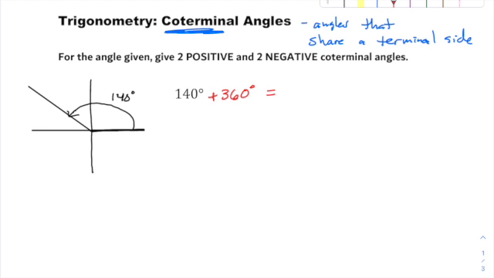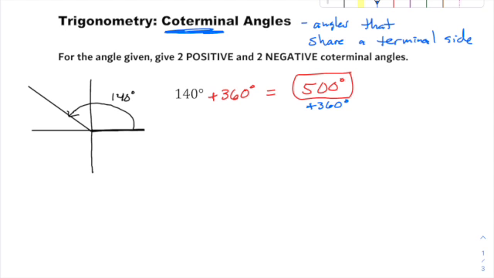So 140 plus 360 is actually going to give you 500 degrees. That's one example of a positive angle that's coterminal with 140. And if I want a second angle that's positive and coterminal, I'll just add 360 to that.